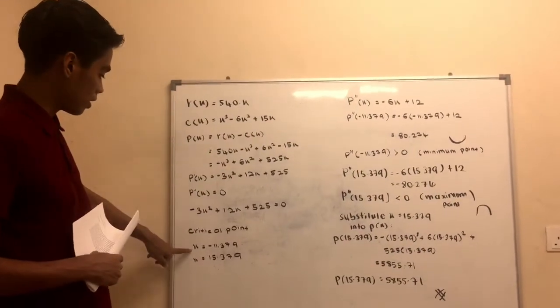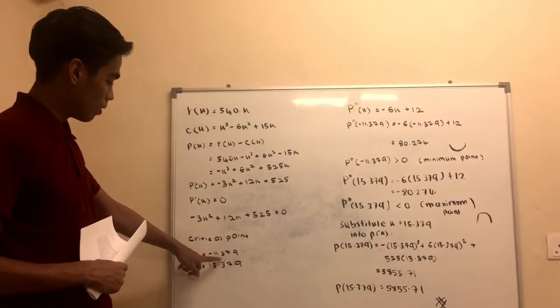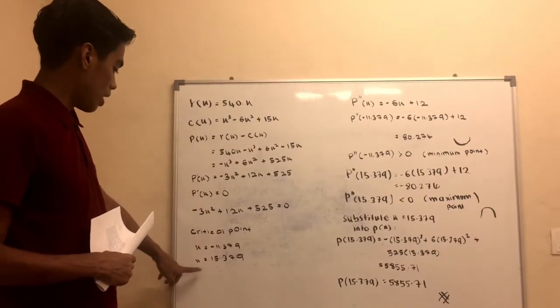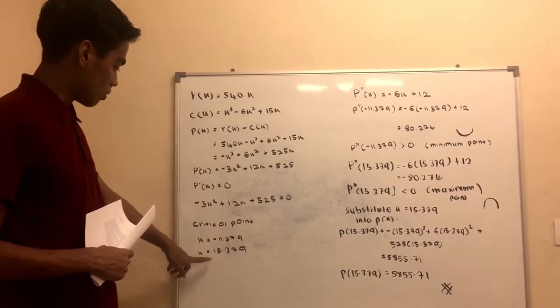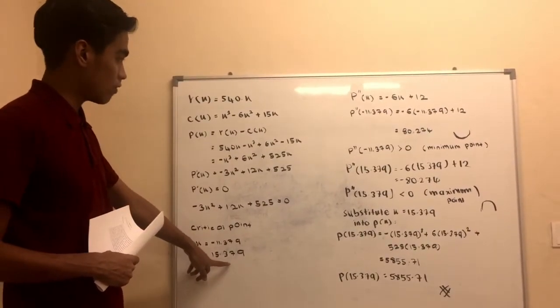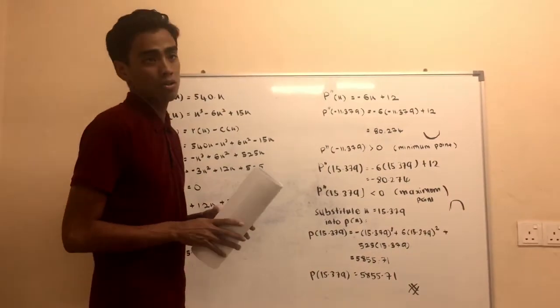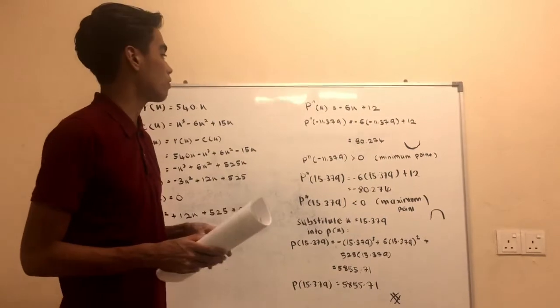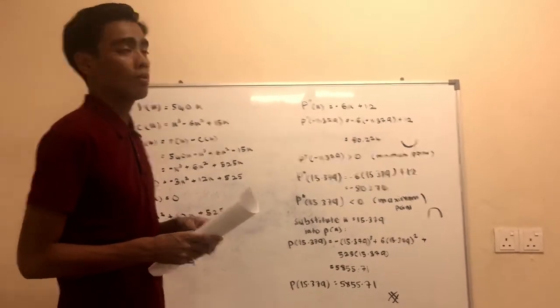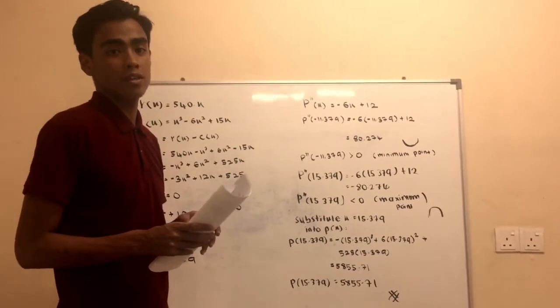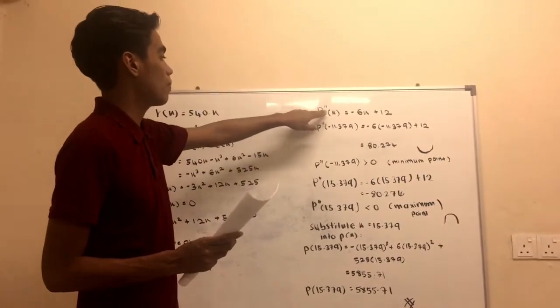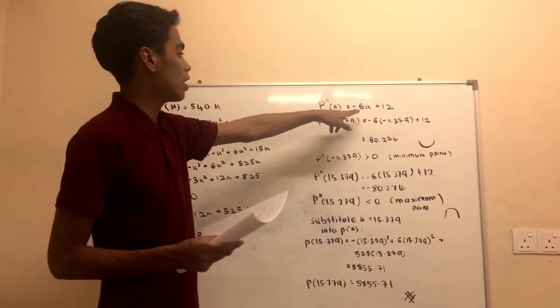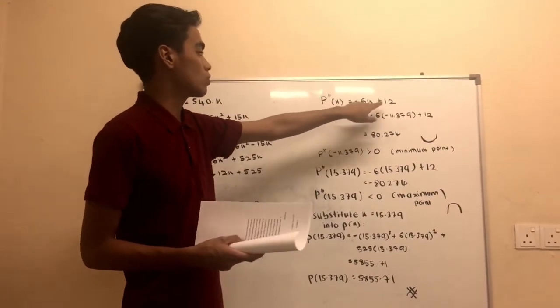So here I got the critical points: x equals negative 11.379, and the second one is x equals 15.379. To find the maximum and minimum points of optimization, we must use the second derivative test, where P''(x) is negative 6x plus 12.